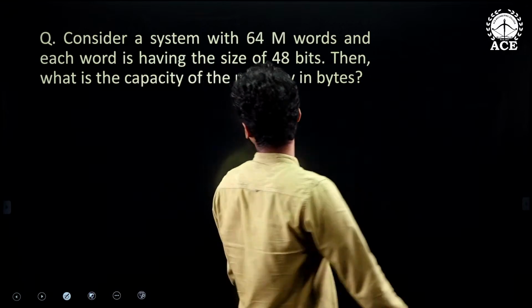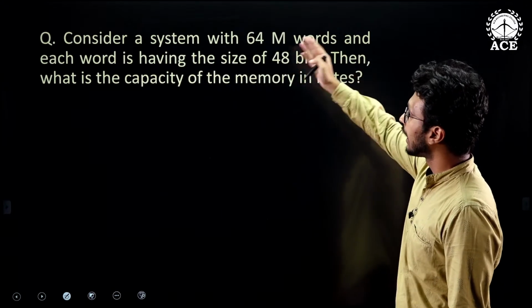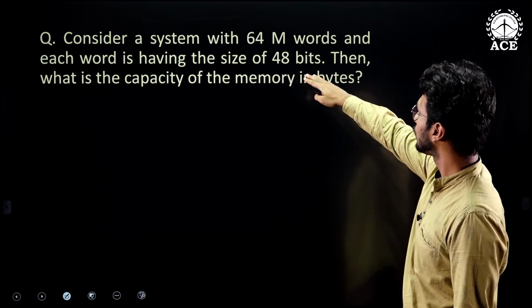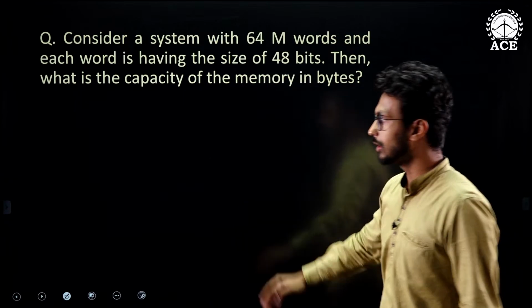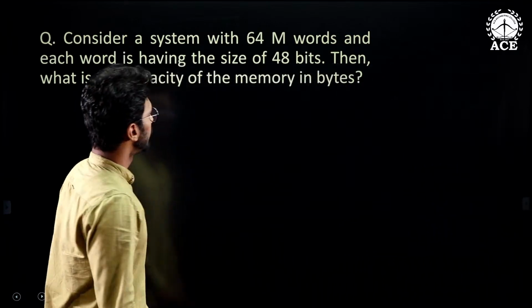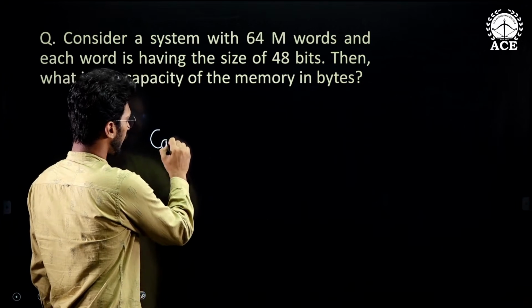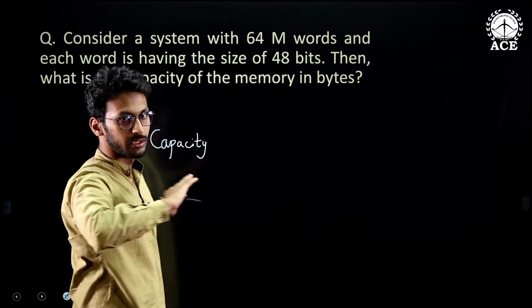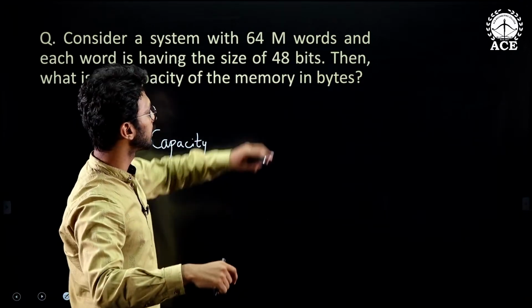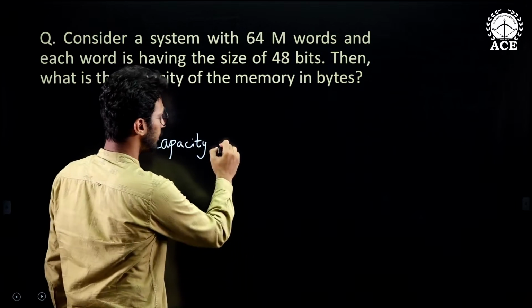Next question. Consider a system with 64 M words and each word is having the size of 48 bits. Then what is the capacity of the memory in bytes? This time I will not write the exact formula, the same formula we used earlier. I'll just write capacity equal to. This power thing, K, M, that notation, that representation, I have given this problem just to get habituated to it.